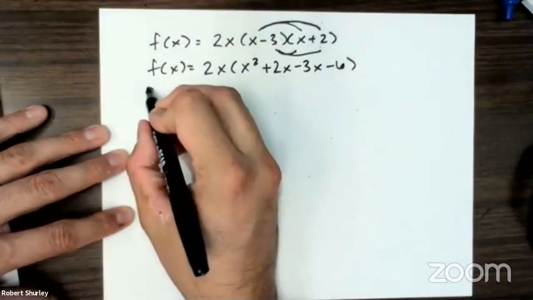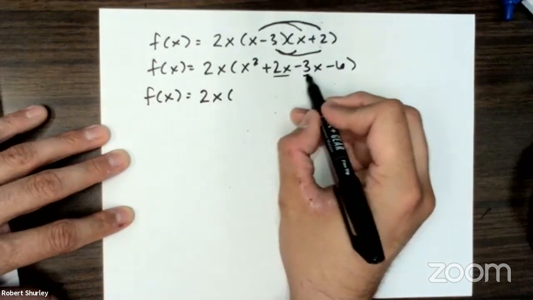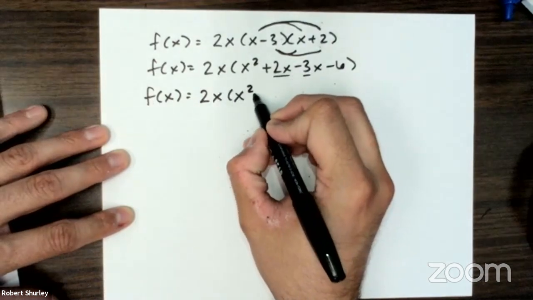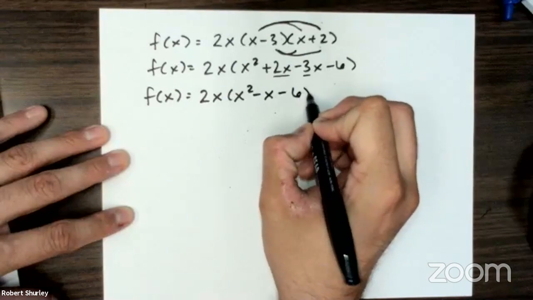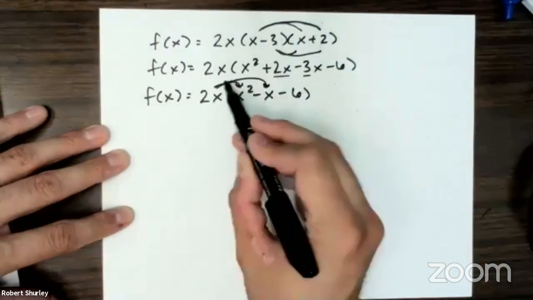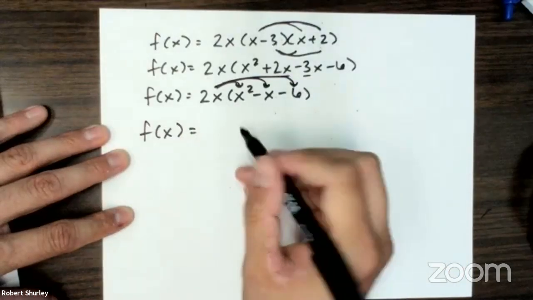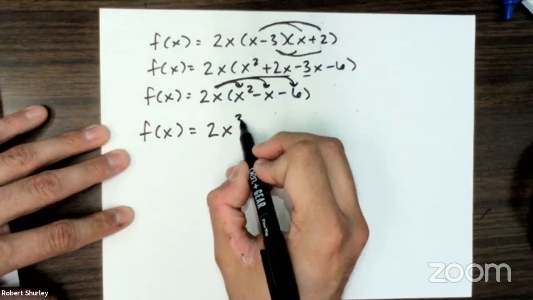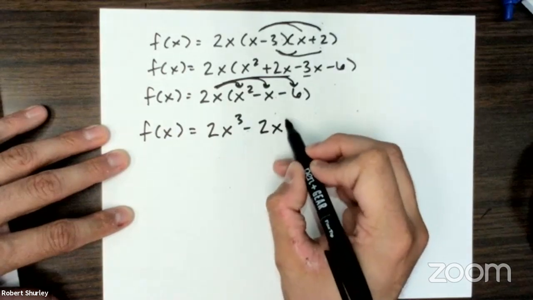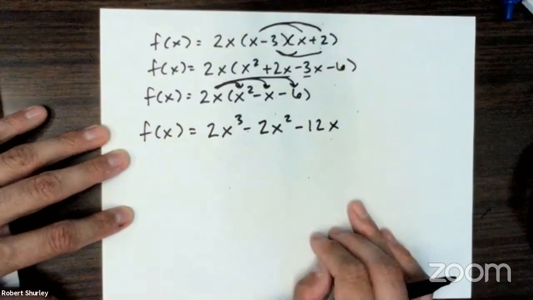I can add the middle two terms, so x squared minus x minus 6. And then I've got to distribute the 2x. And I wind up with f of x equals 2x cubed minus 2x squared minus 12x.